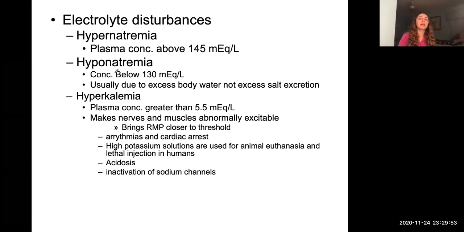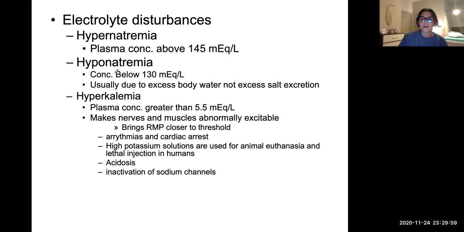So hypernatremia. I had a quick question. Maximal aldosterone secretion happens in the distal nephron. Yes.